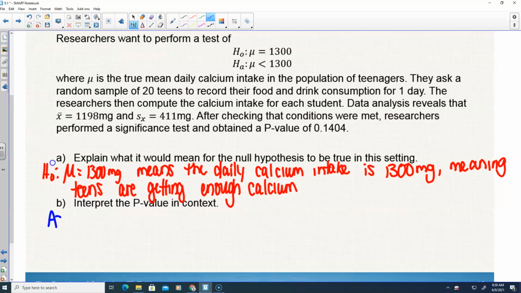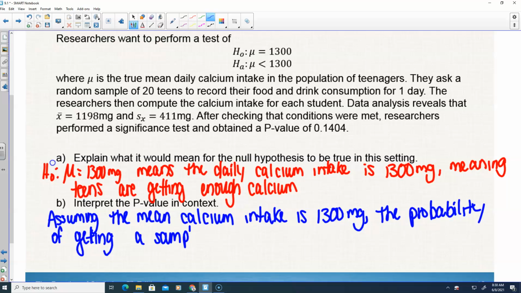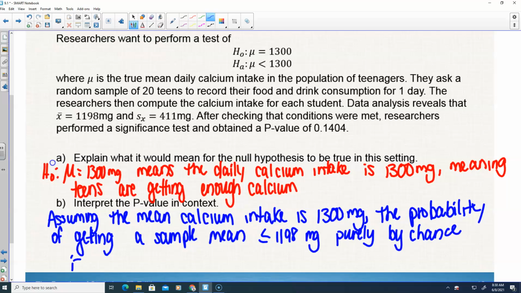So let's see how we can say this. Assuming the mean calcium intake is 1,300 milligrams, the probability or the chances of getting a sample mean less than or equal to ours, which was 1198, purely by chance, is 0.1404.